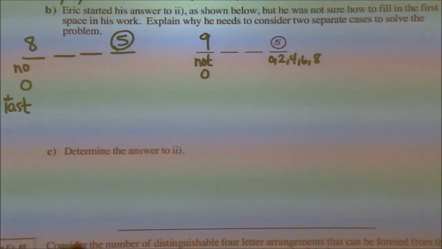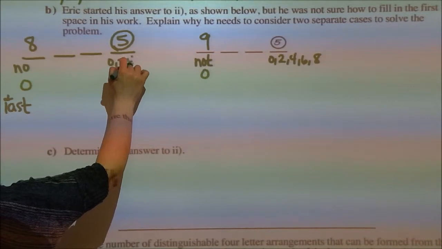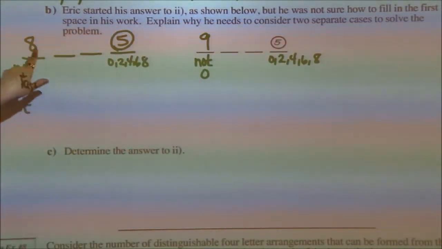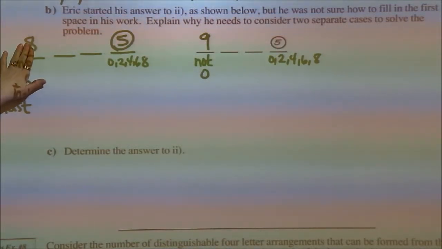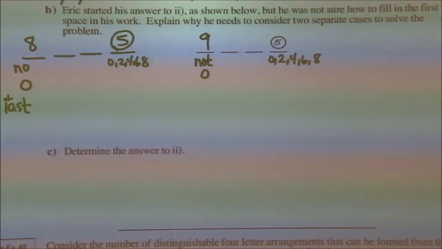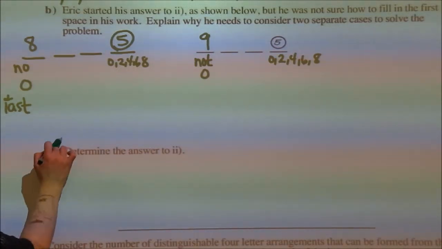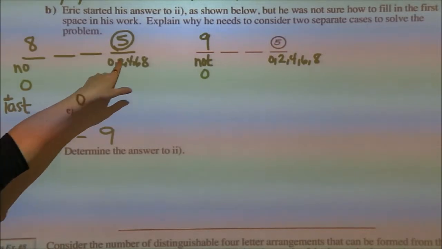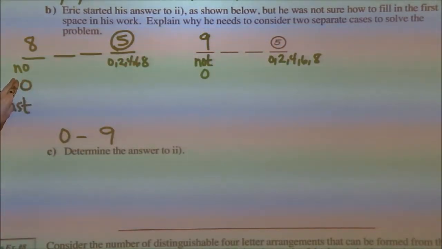Okay, so in here, there's my even numbers. Suppose that he picked a 2 here, and then he picks a different digit here. How many choices does he have here? He's got the digits from 0 through 9. Let's say he picked a 2 here, and let's say he picked a 4 here.